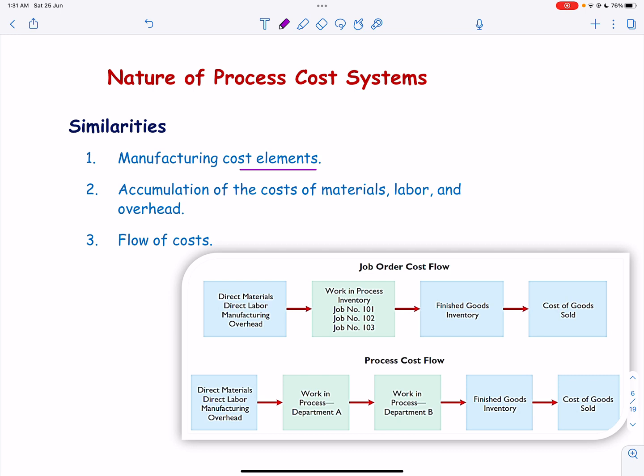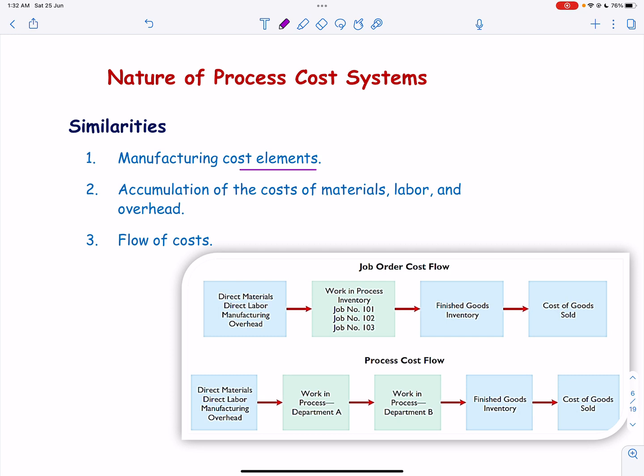Both costing systems debit raw materials to raw material inventory, factory labor to factory labor, and manufacturing overhead cost to manufacturing overhead. Both systems accumulate all manufacturing cost by debits to raw material inventory, factory labor, and manufacturing overhead.